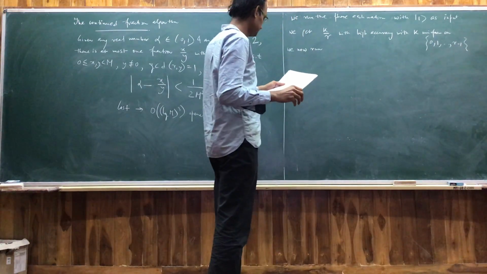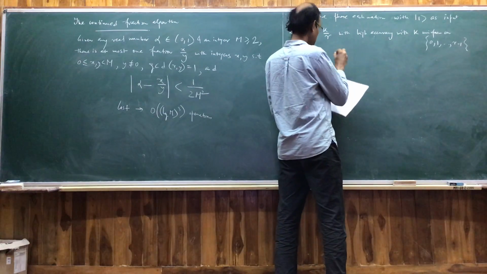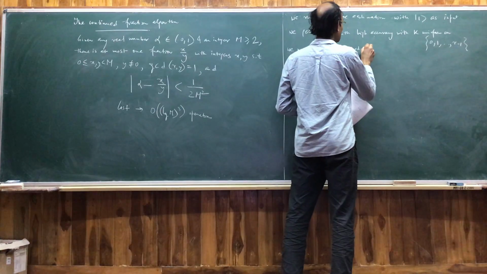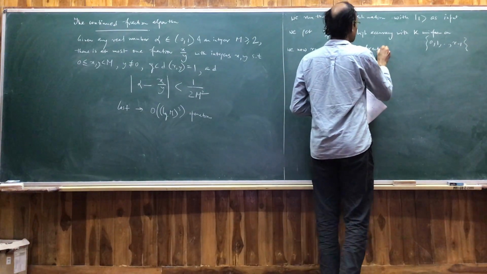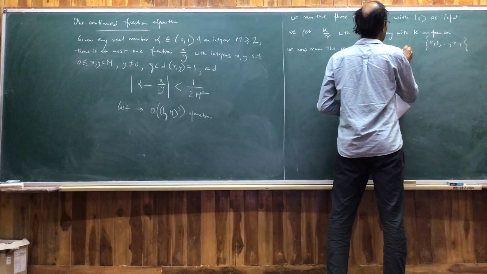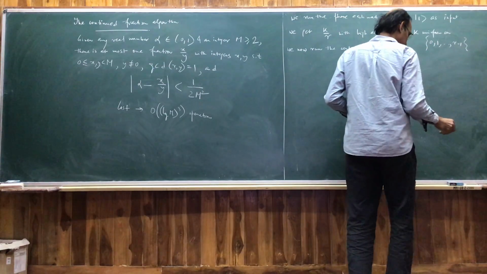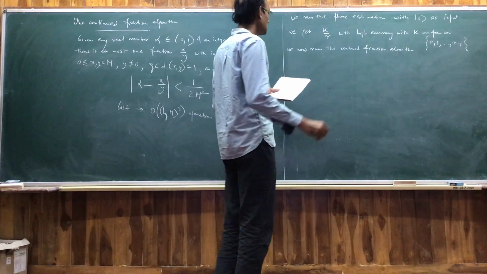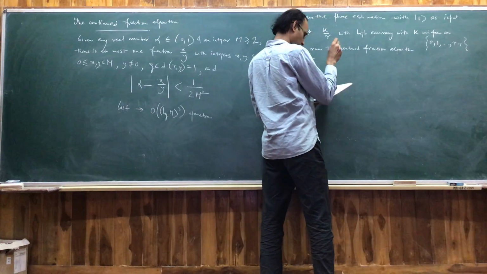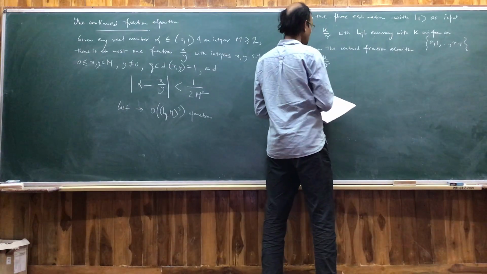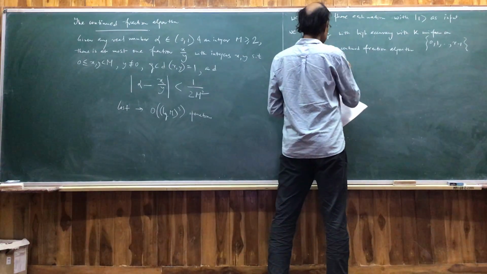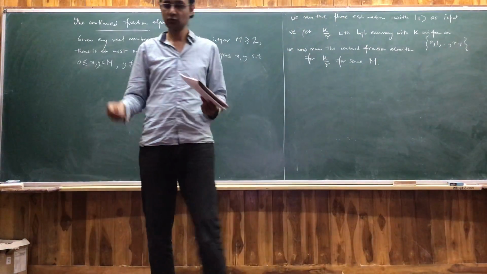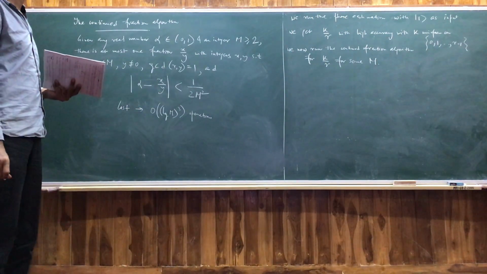We now run the continued fraction algorithm for K by R, for some m, choose an m.